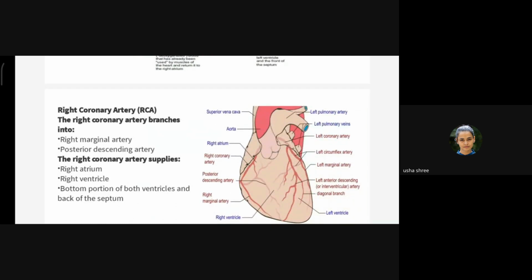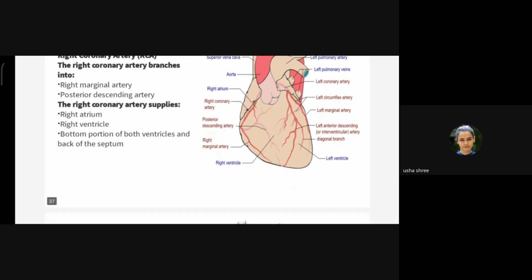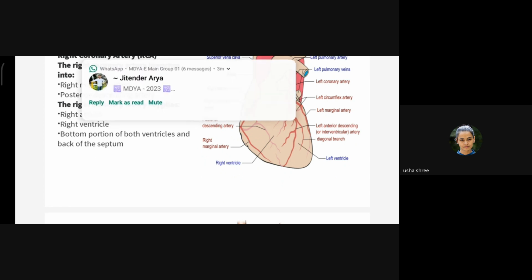Now we will learn in detail about the right coronary artery. The right coronary artery branches into two, the right marginal artery and the posterior descending artery. The right coronary artery supplies the right atrium, right ventricle, bottom part of both ventricles and back of the septum.